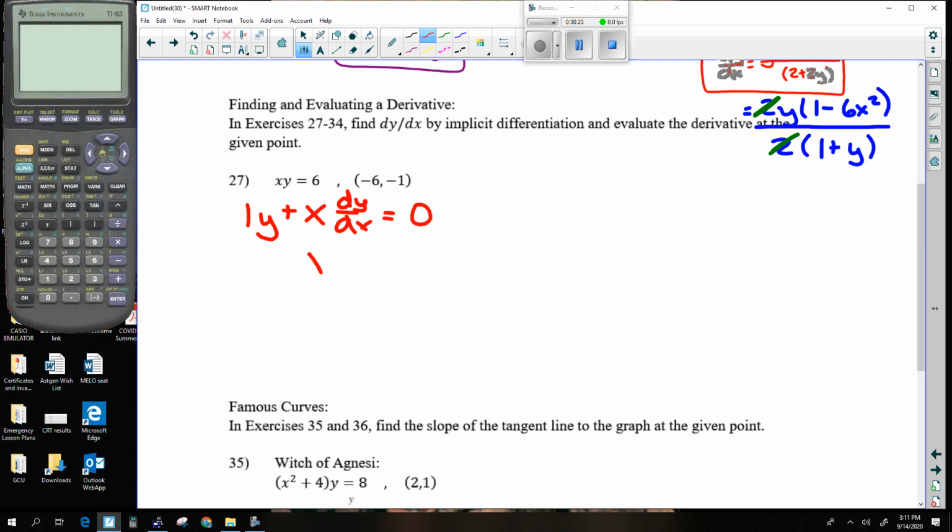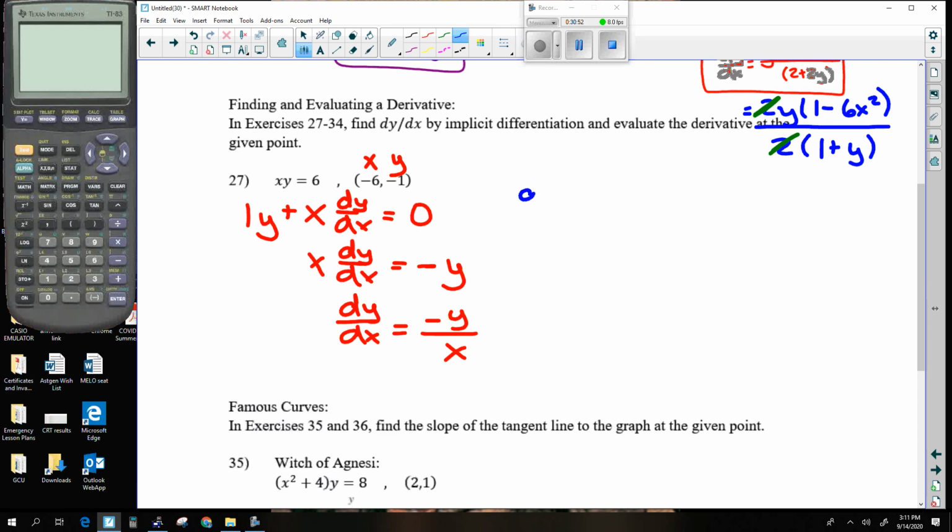Save that, move everything else, so dy dx is negative 1y, and then divide. All right, so that's our derivative. That's dy dx. Now they want to know what the derivative is when we have the point negative 6, 1. So they give us an x and also a y to use.